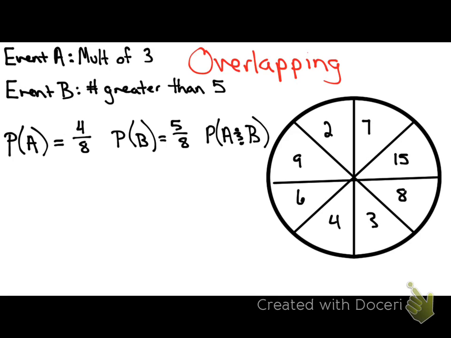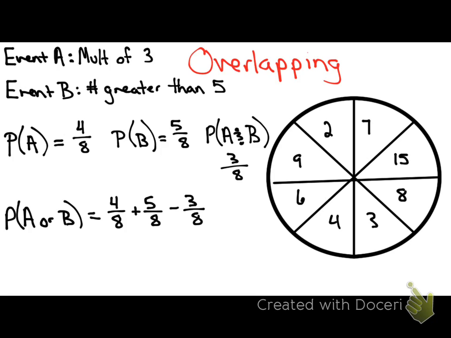How many numbers are a multiple of 3 and also greater than 5? 6, 9, 15. 3 numbers on there meet that criteria. So 3 over 8. What do I do with these numbers now? I add together A or B, and then I subtract when both happen. And I get 6 over 8, or 3 over 4, or 3/4 again.